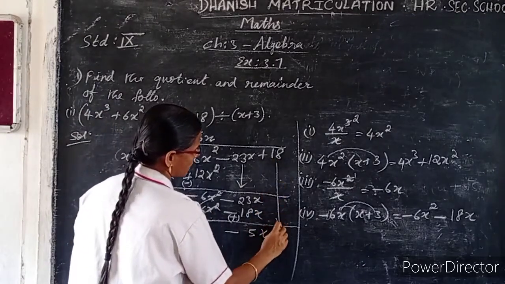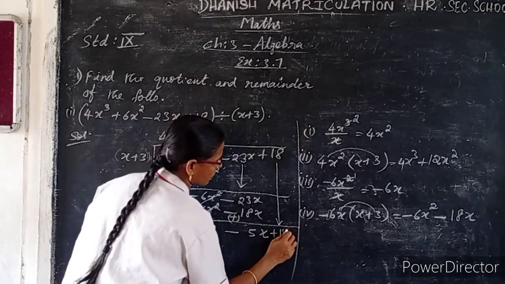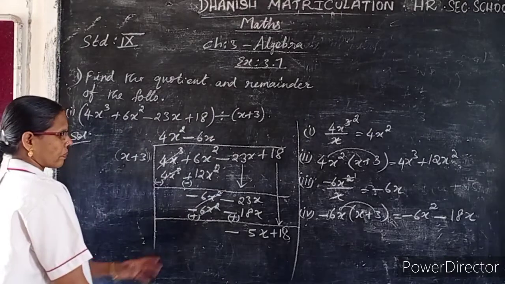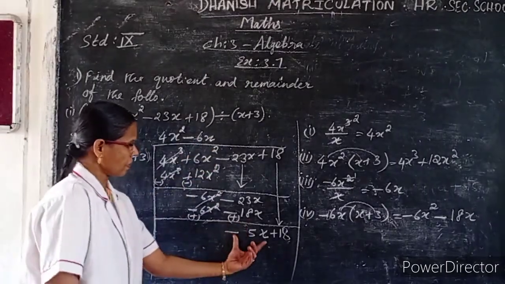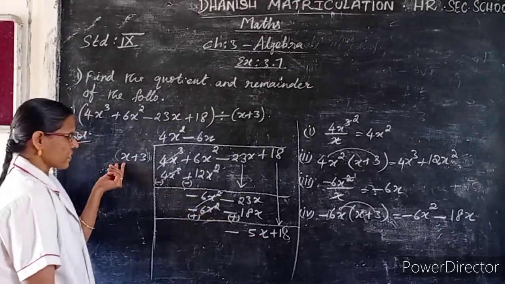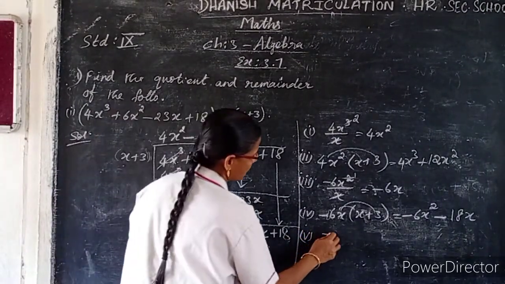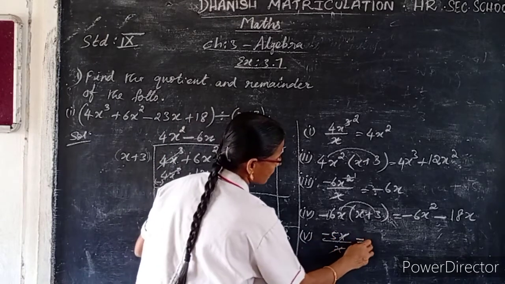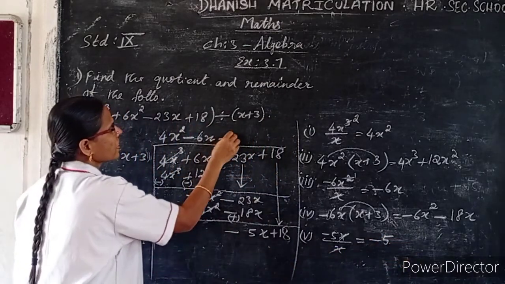Now write this term here, plus 18. Divide this first term by this first term. So our fifth step is minus 5x divided by x. Now x gets cancelled. Answer is minus 5. Write that minus 5 here.